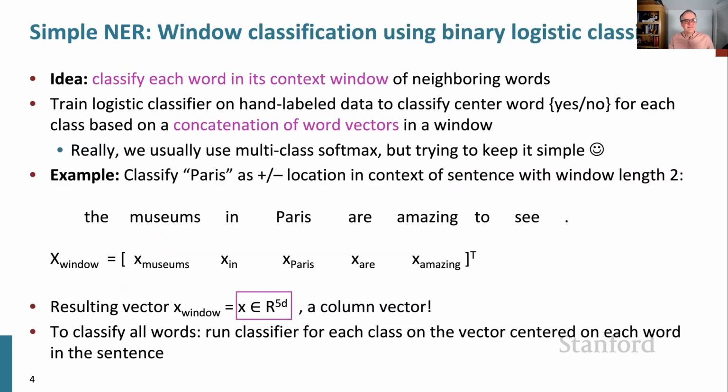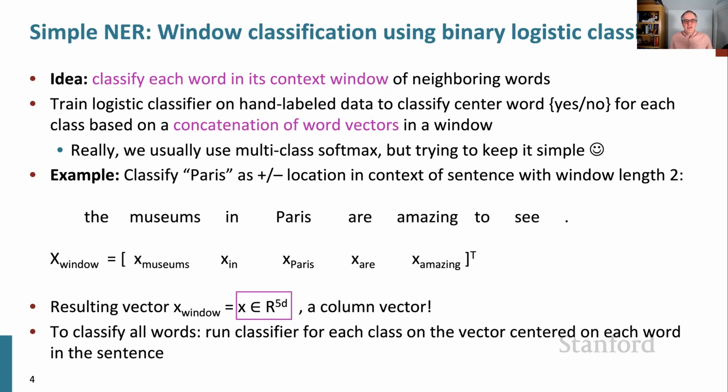Okay, well, how might we do that with a neural network? There are much more advanced ways of doing this, but a simple yet already pretty good way of doing named entity recognition with a simple neural net is to use the word vectors that we've learned about, and build up a context window of word vectors.